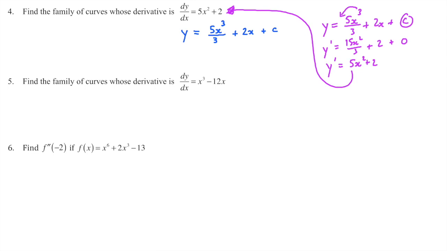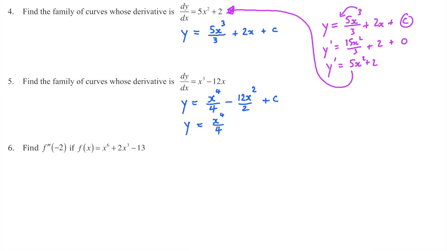Let's go through this process again. When you're working backwards, you have to add 1 to the power. X cubed will become x to the power of 4, and you divide by the new power. Minus. Add 1 to the power, so 12x will become 12x to the power of 2 over 2, and at the end I have to put a plus c. And c just represents any number at all.